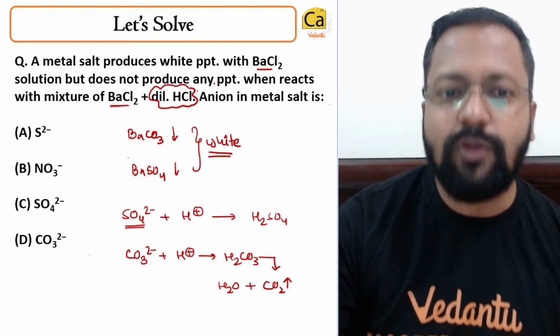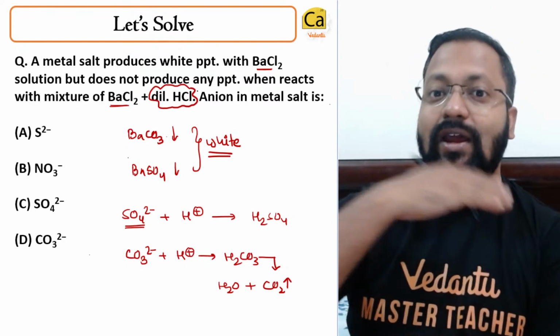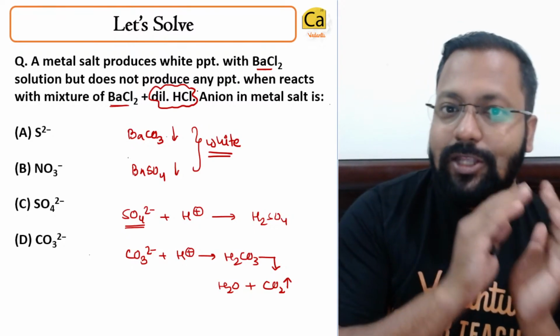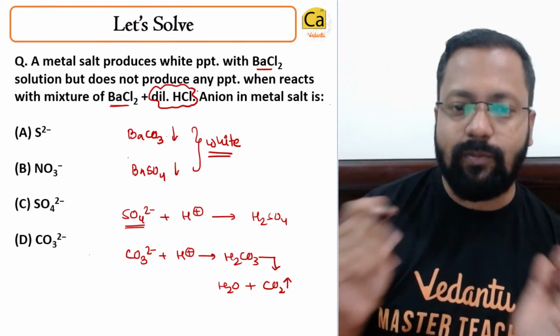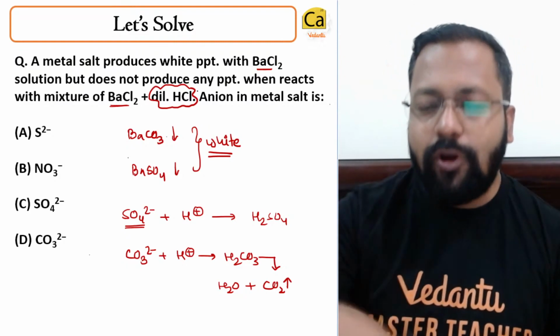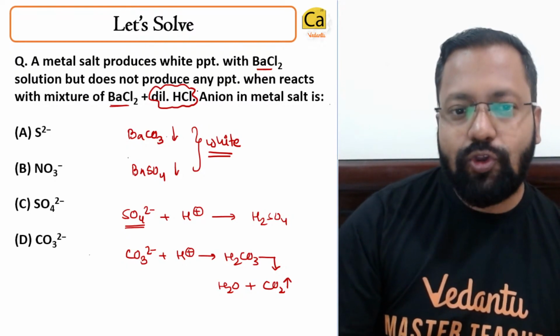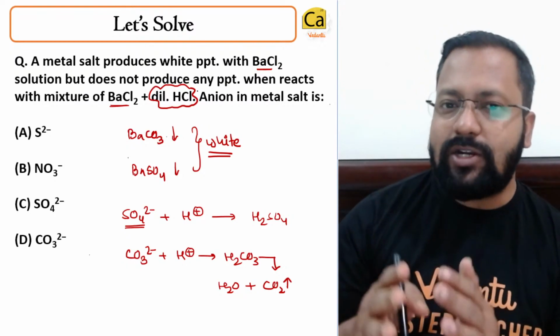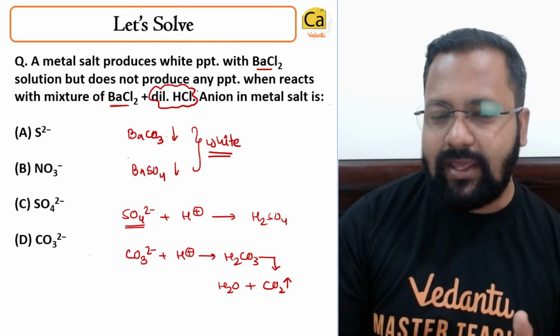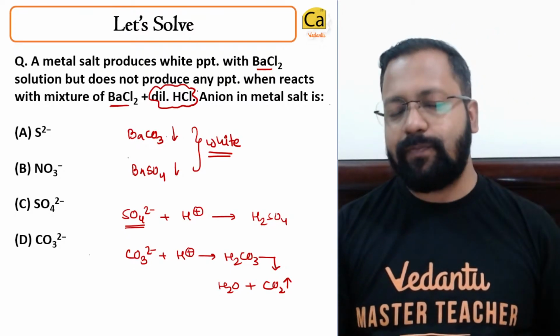Why did we take dilute HCl? We took dilute HCl to remove that entity from the system. So what is that entity which gets removed upon using dilute HCl? It will be carbonate. If a carbonate salt is present in the medium, then add barium chloride and you will easily get the test.